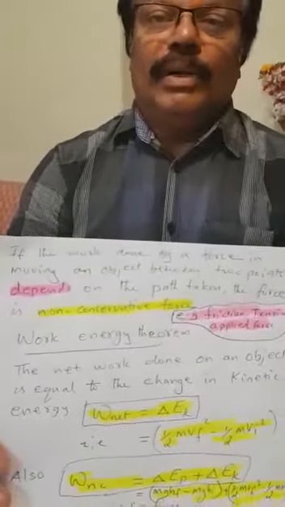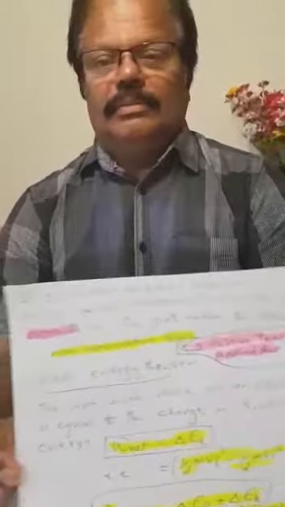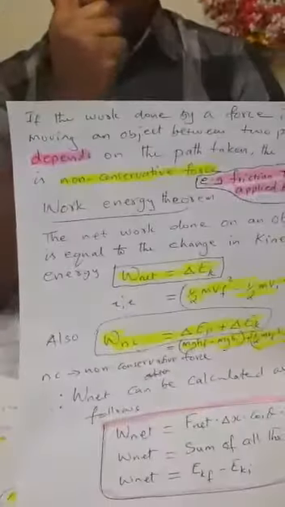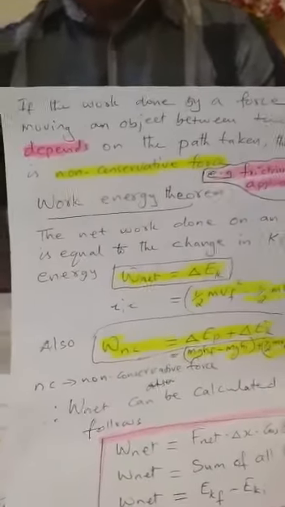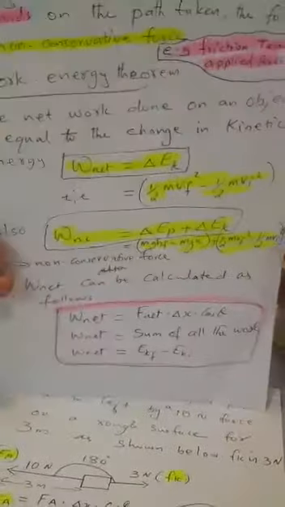Now we are ready to look at the work energy theorem. Although the name is so long, the theorem is only one sentence. The statement of the theorem is like this. The net work done on an object is equal to the change in kinetic energy of the system or the object.